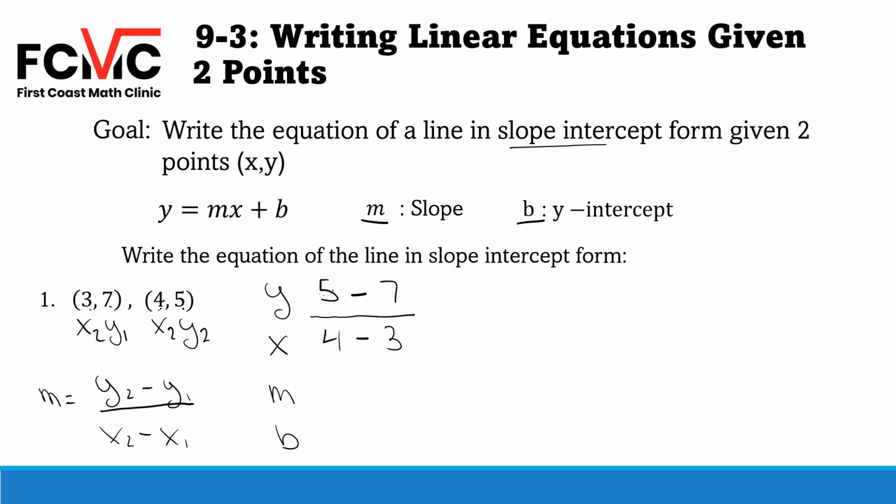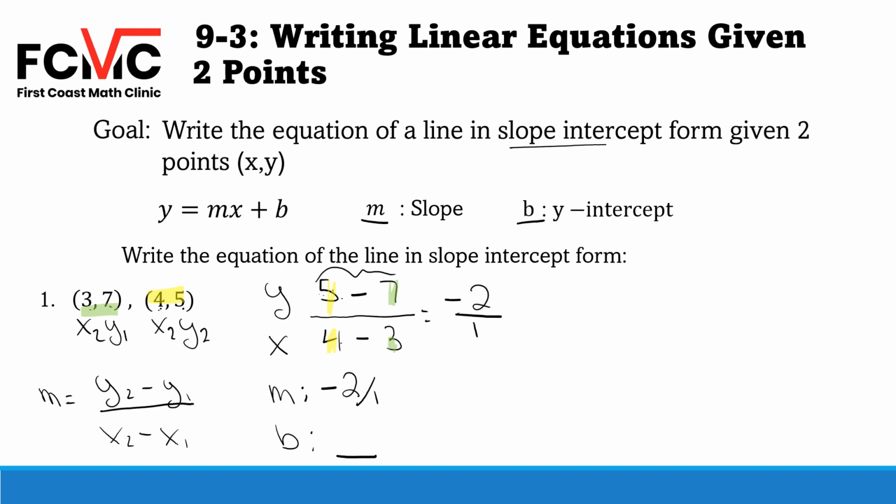So if we just make sure that these values come from the same ordered pair, and these values come from the same ordered pair, we have our formula for slope right here, right? So all we have to do is just subtract these. 5 minus 7 is -2. 4 minus 3 is 1. So that's our slope, -2 over 1.